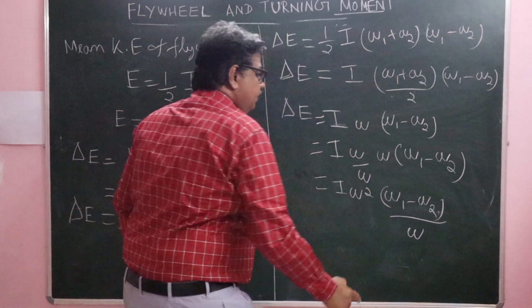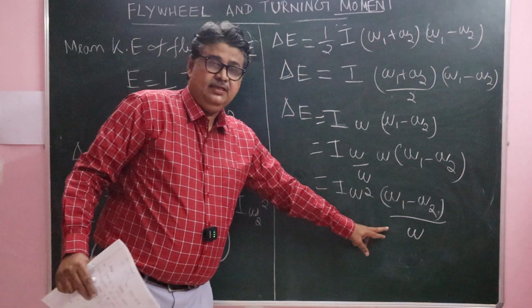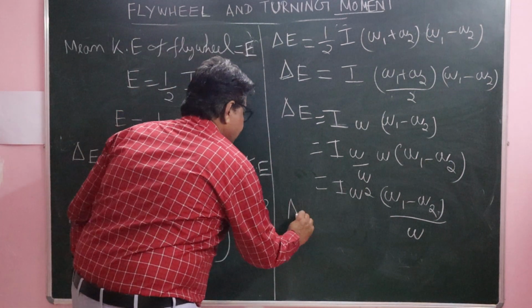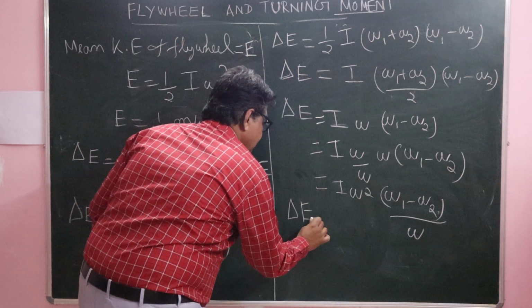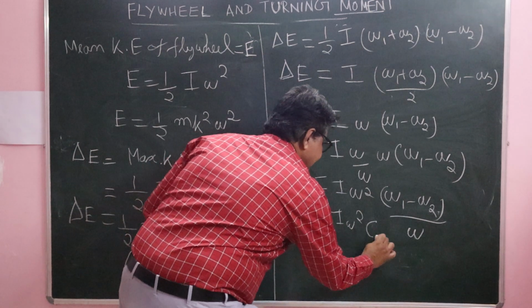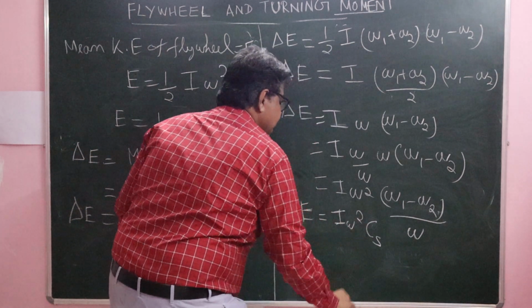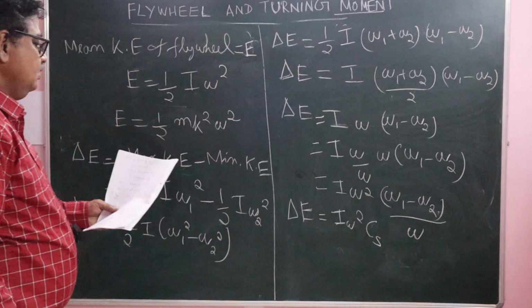Omega 1 minus omega 2 by omega is nothing but the coefficient of fluctuation of speed. Therefore, delta E, the maximum fluctuation of energy, is equal to I omega square Cs.